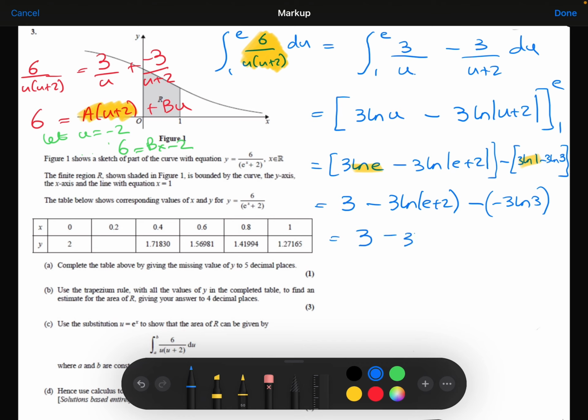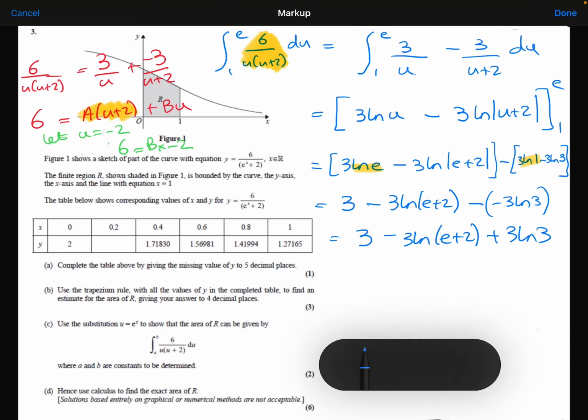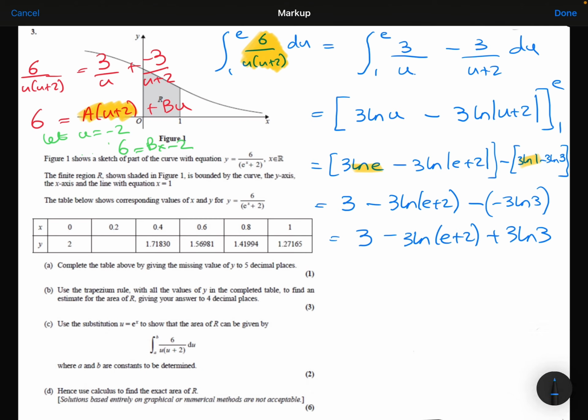Which I can do a little bit more simplification. The 2 minuses will become a plus, and it doesn't say how I need to leave my answer, so I could just leave my answer like that if I wished, or I could combine those logarithms together. So if I wrote this as, just swapping them around to make it a bit more obvious about how to see the logarithms.